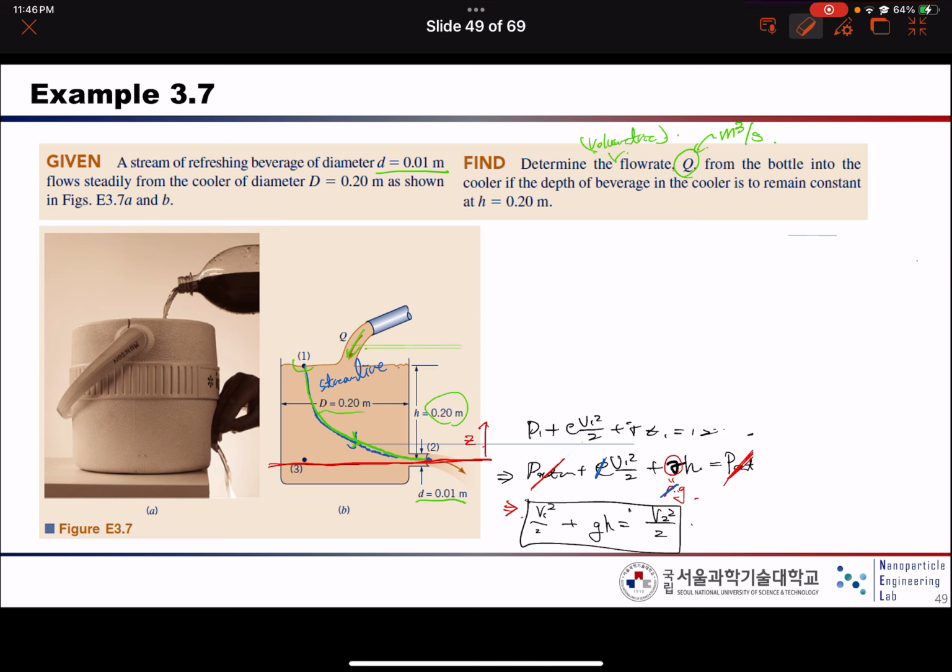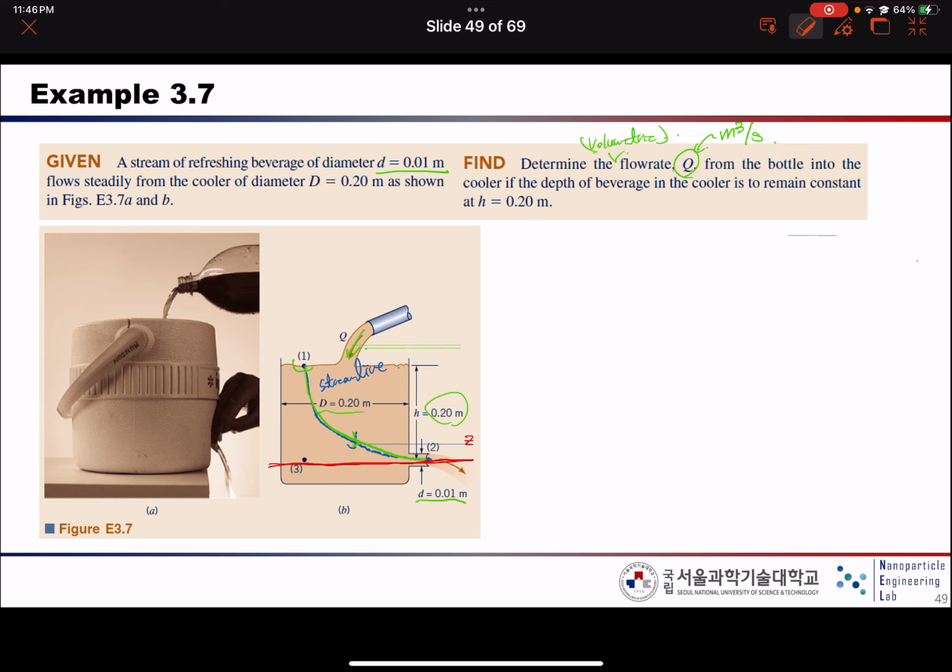Only what we need is this result, right? And this is what we got from the Bernoulli equation.